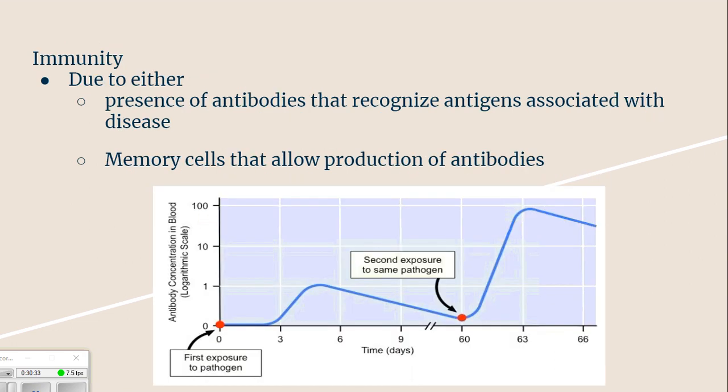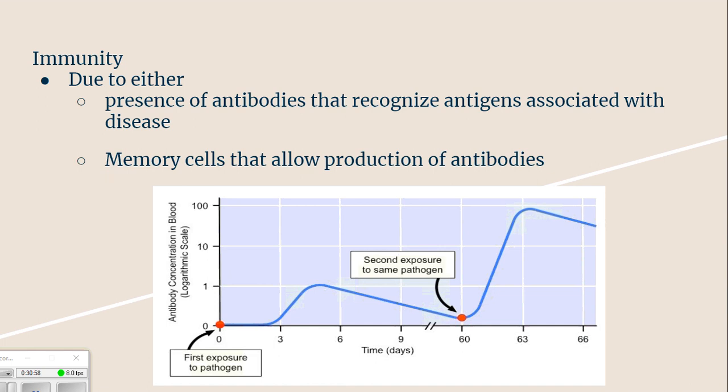So this figure here looks at this process of immunity and how long it takes things to happen. This idea of immunity is due to either the presence of antibodies that recognize antigens associated with disease, or memory cells that allow production of antibodies.